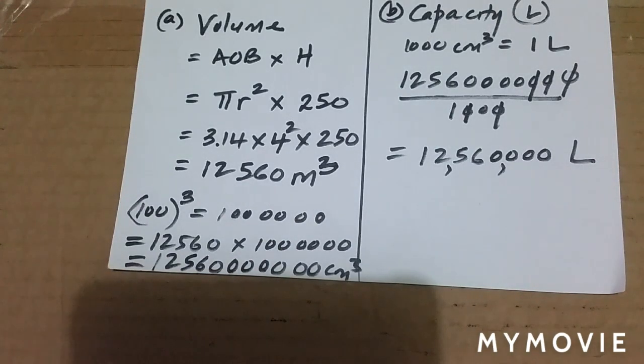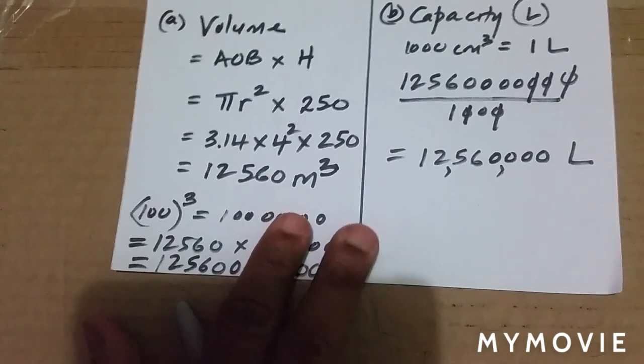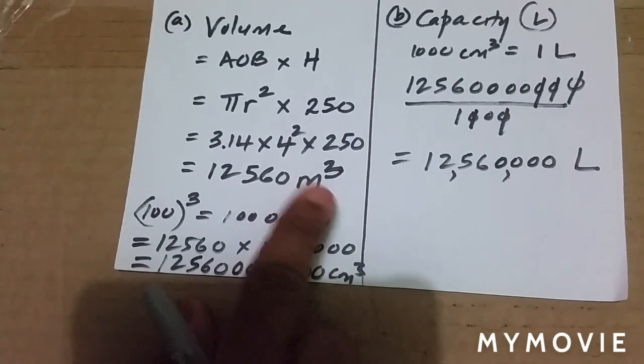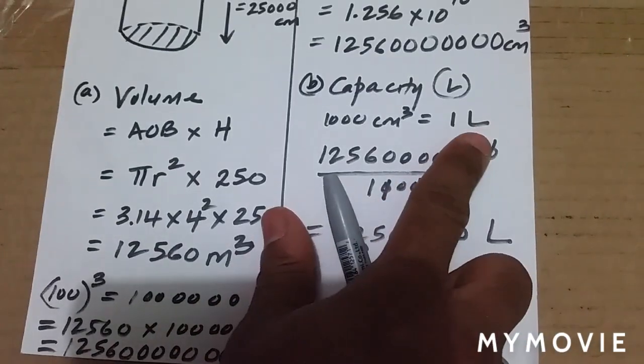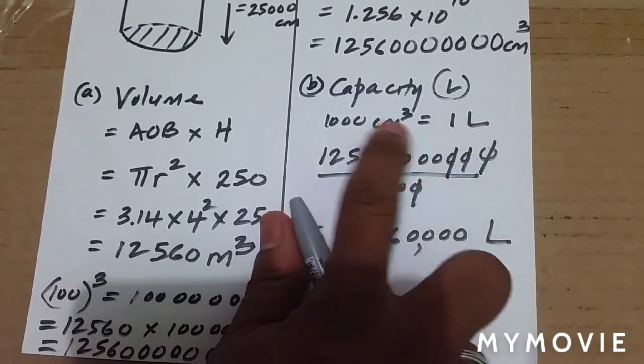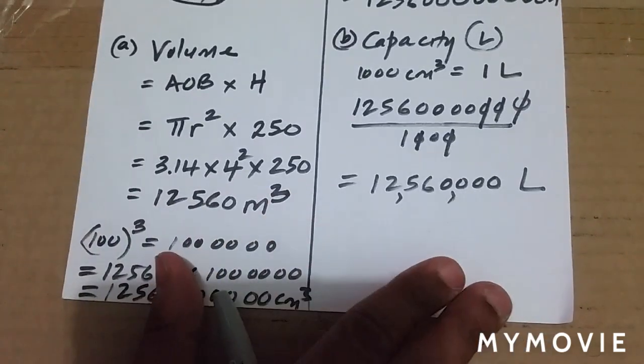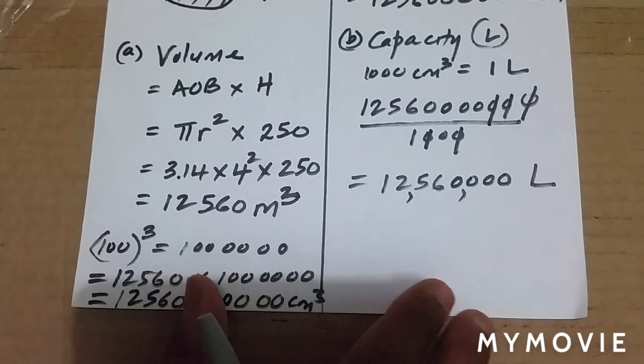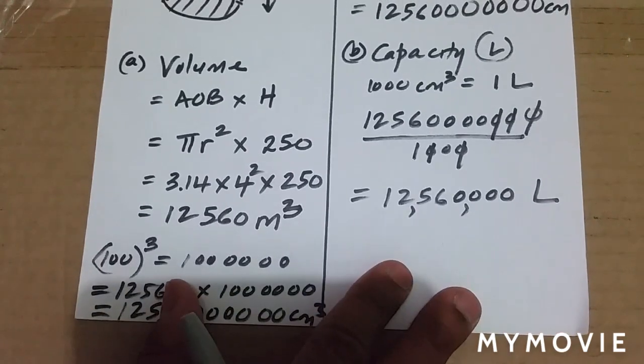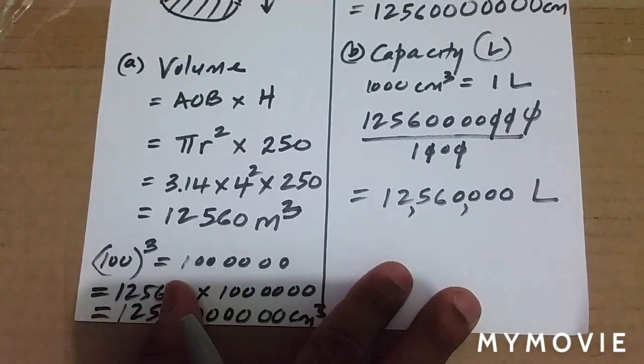So it's really up to you to determine what. So I hope persons recognize that this was meter cube, and remember that liters, the relationship between liters and cm cube is this. All right, so I hope persons observe that. All right, which is why it's important for you to scan through the questions before essentially continuing.